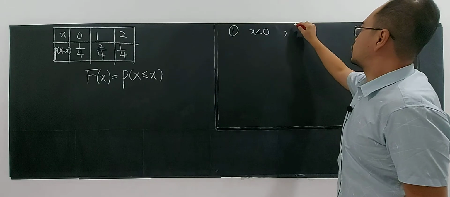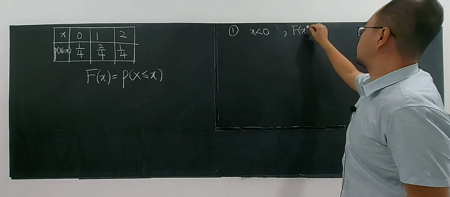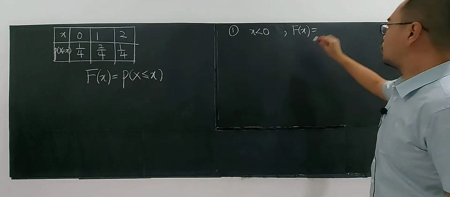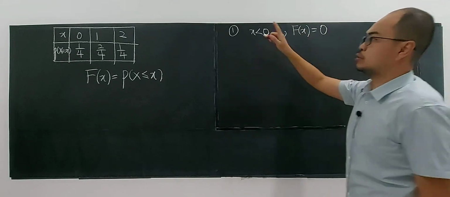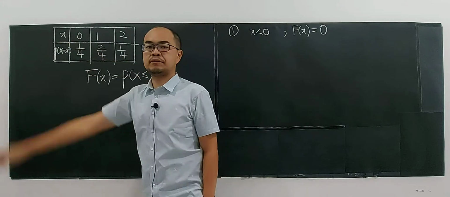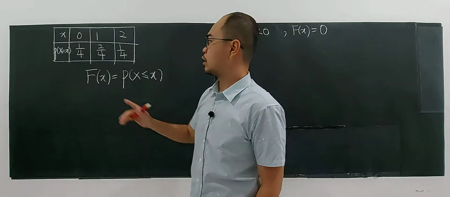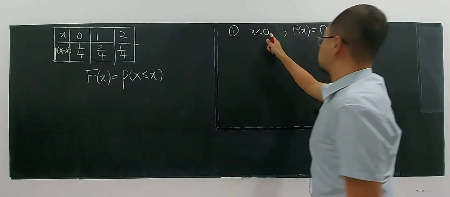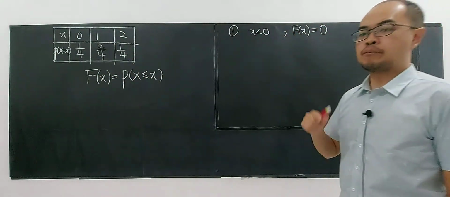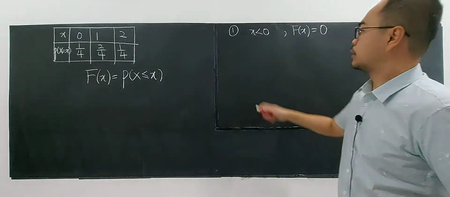So the cumulative will be 0, because before 0 there is no probability. Starting from 0, you have 1 over 4. Before 0, there is no probability accumulated.